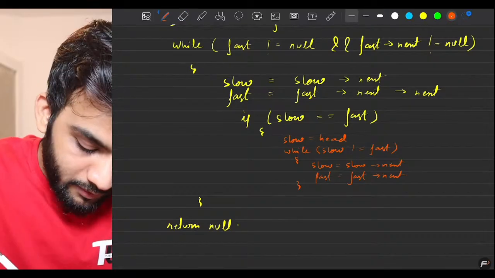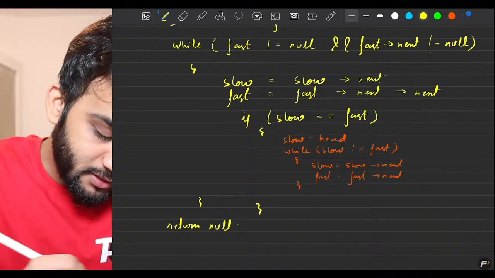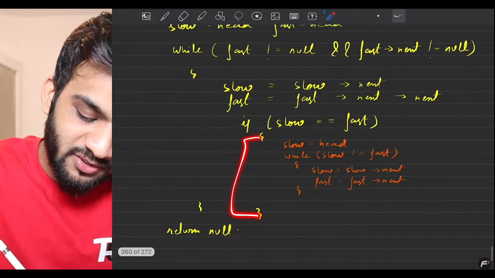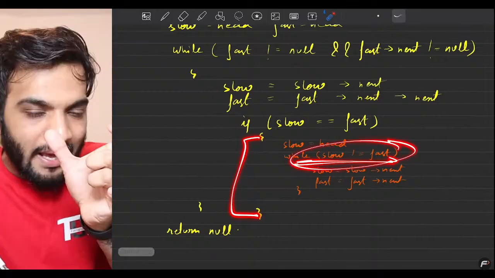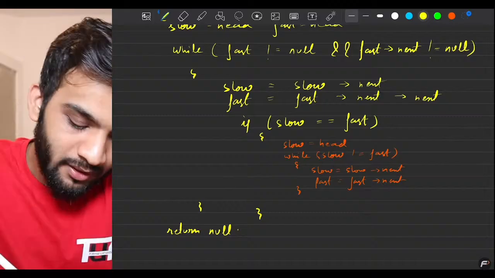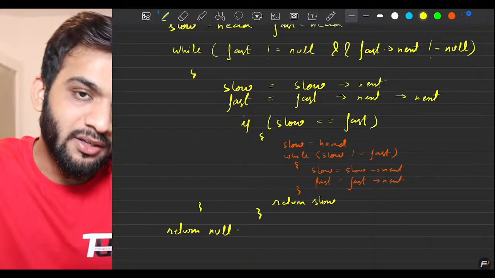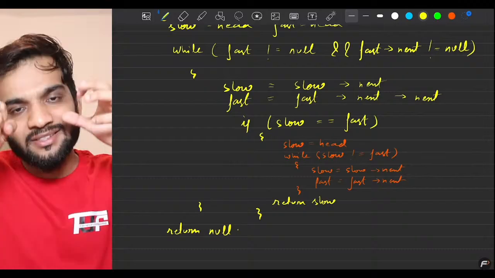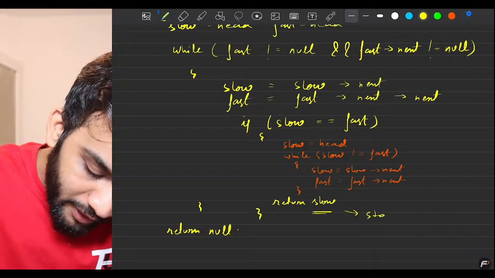If I have to write it, yeah. My bad. Yes. And in case this collides, the point at which they collide is your, yes, you can return slow or fast because they are standing at the same node. And this will be your starting point.